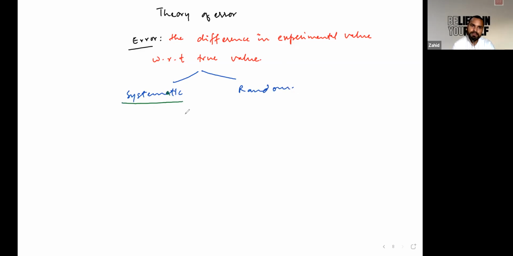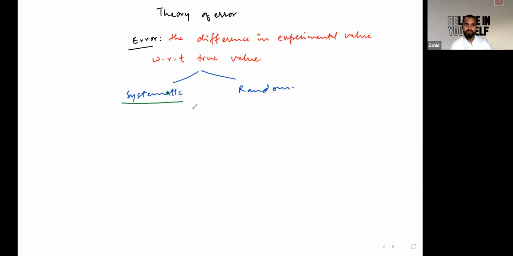Systematic error is based on surrounding factor on which humans have no control over it. Suppose if you are using metallic ruler to find length of any object, so metal would change its dimension on the basis of temperature of surrounding.